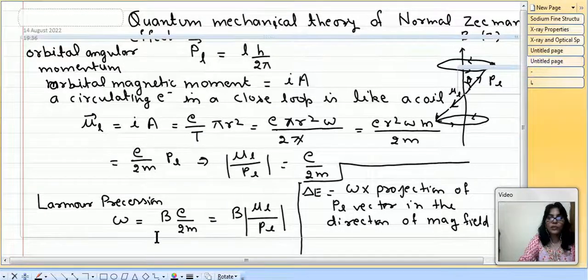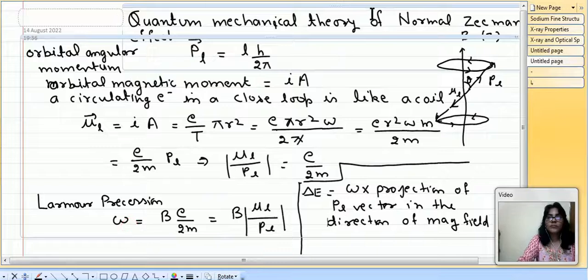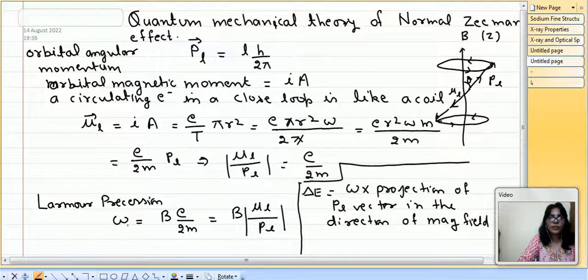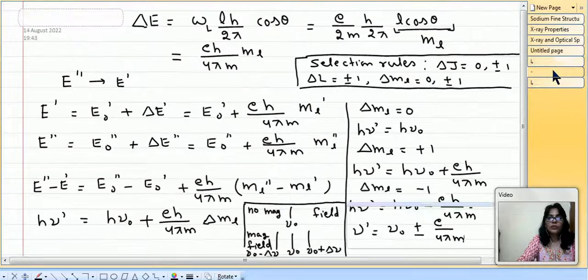Yes, here omega, let us write it as omega L, the Larmor precession frequency. So omega L is B into E by 2m. I have to make some correction to the omega L value, which is B into E by 2m.